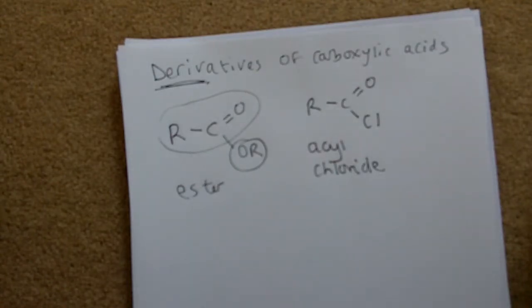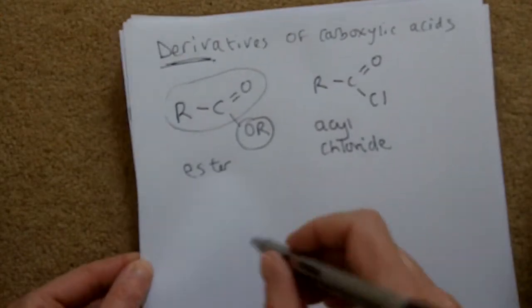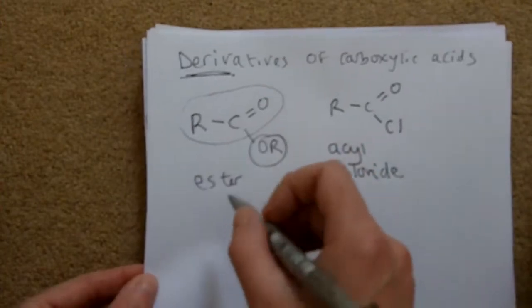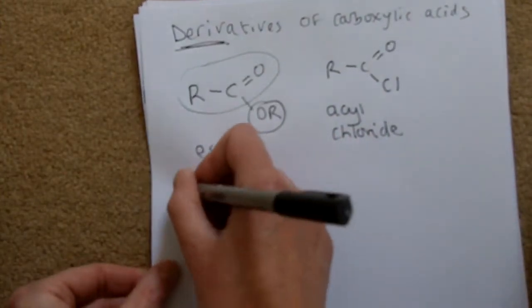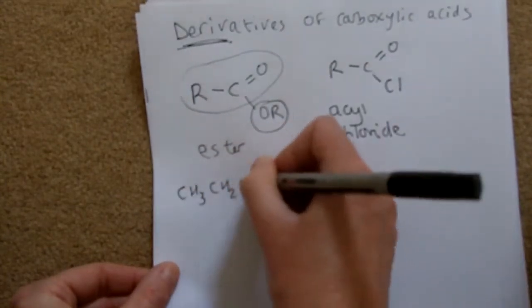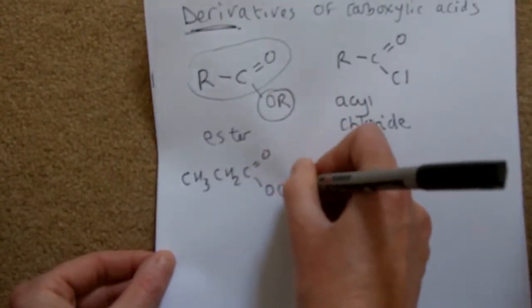Now an acyl chloride, you need to know how to make an acyl chloride. Should we do this first? Yeah, let's do this first. I should have gone through them in order. An ester. Let's have a go at naming an ester. If we have this ester, for example, 3 carbons there and 1 carbon there.